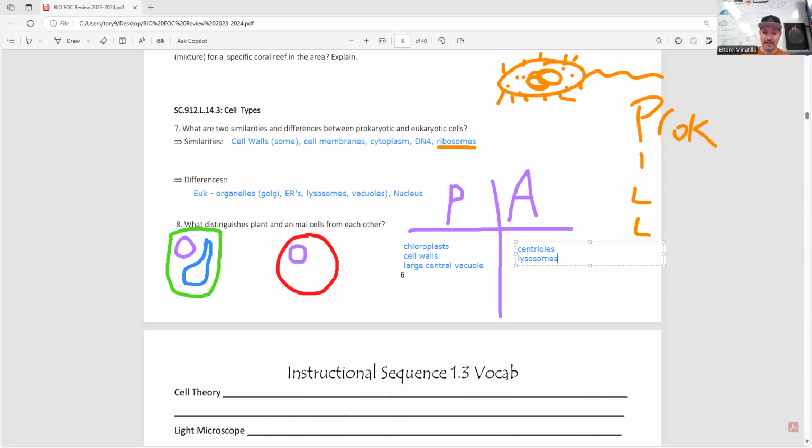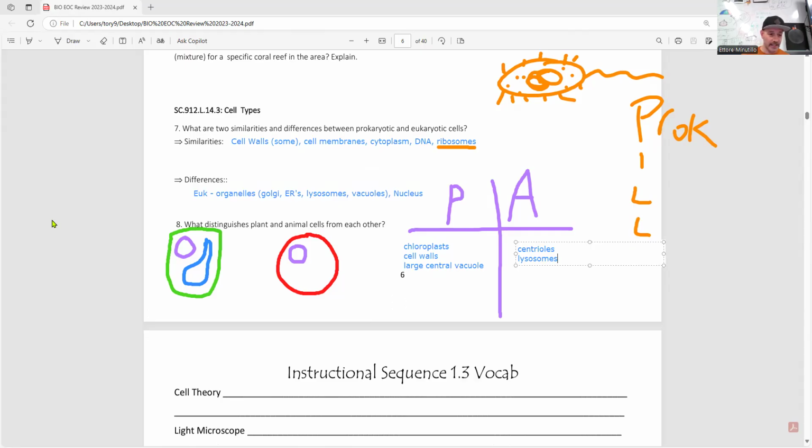Using those to help tell the difference will be really big. Notice that we gave chloroplasts to plants, and a lot of people go, oh, animal cells have mitochondria. So do plants. Both have mitochondria because both of them are doing cell respiration. That's a little foreshadowing for another question coming up later on.